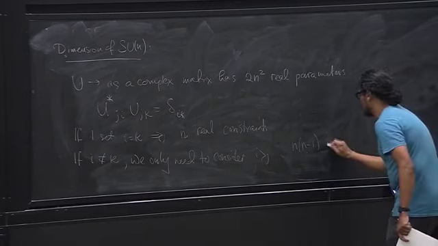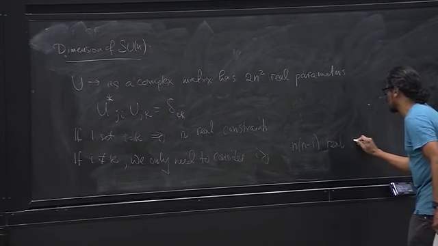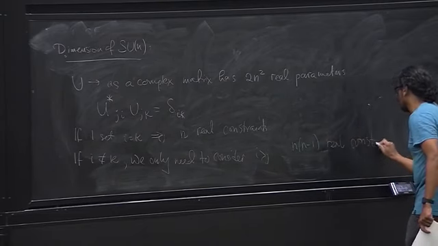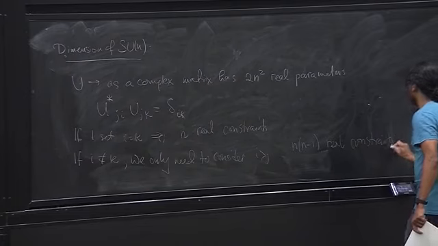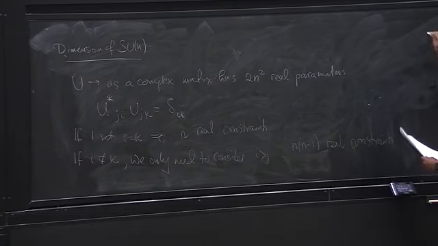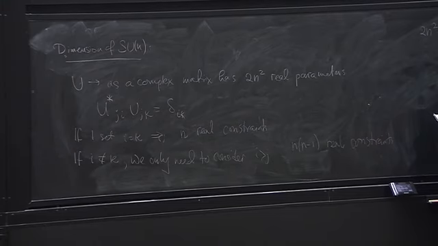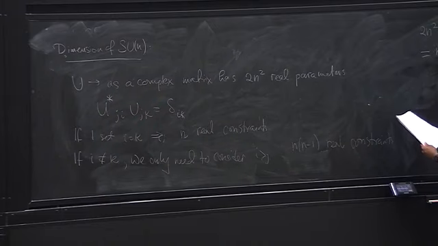That means that if I now subtract these, we get n squared parameters.